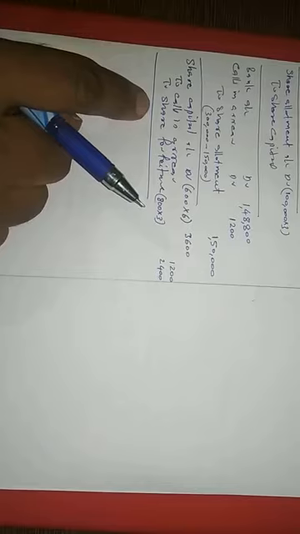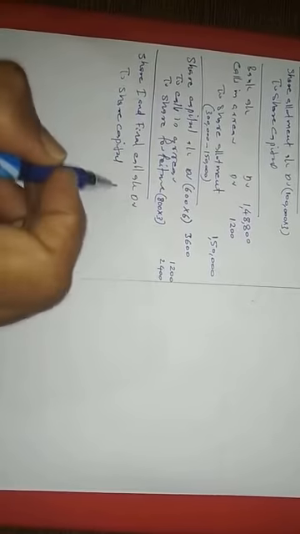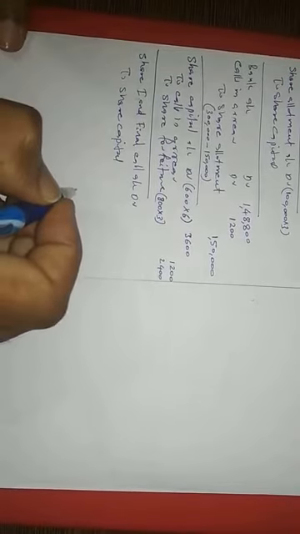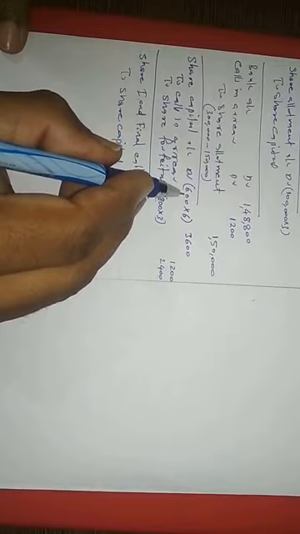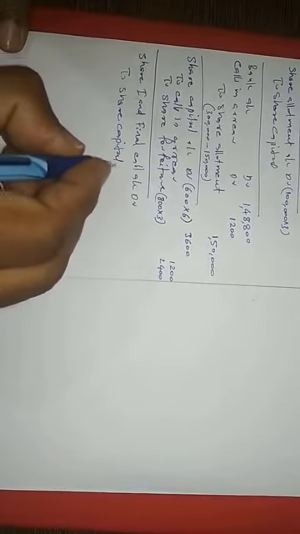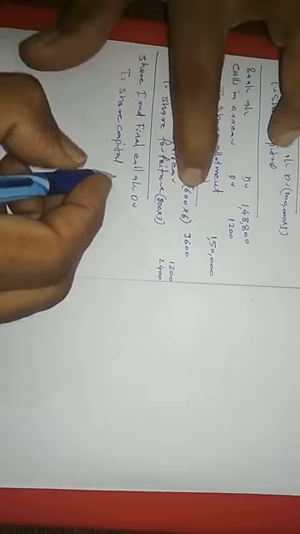Next one is we need to make the final call. So the journal entry will be share first and final call account debit to share capital. And here the number of shares is not 1 lakh, because here we forfeited 600 shares. Okay, it is very important. We have to deduct this 600 from 1 lakh.